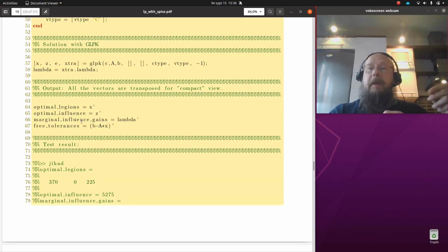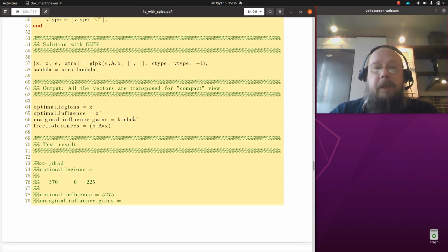So if I increase some constraint or the upper bound, which is the tolerance levels for the resentment, this says how much the influence on the margin will increase. And these are the lambdas, these are the shadow prices.